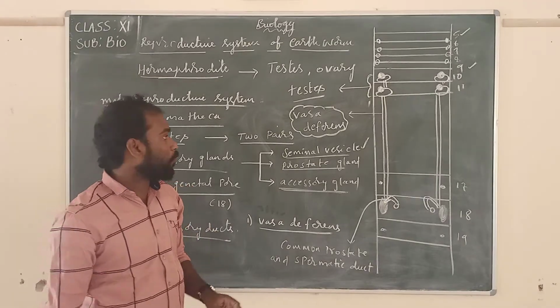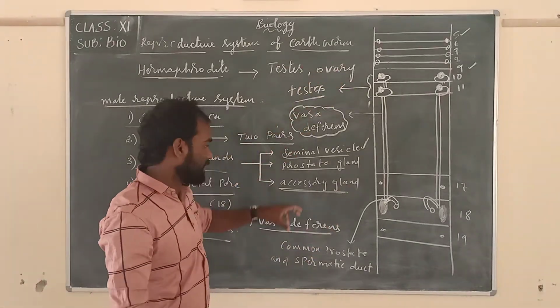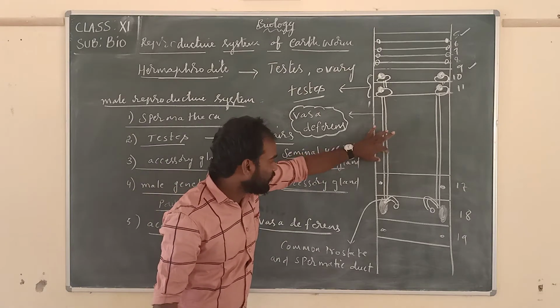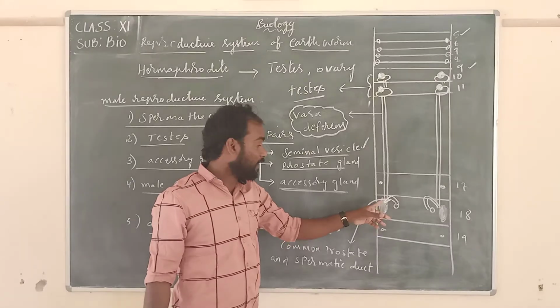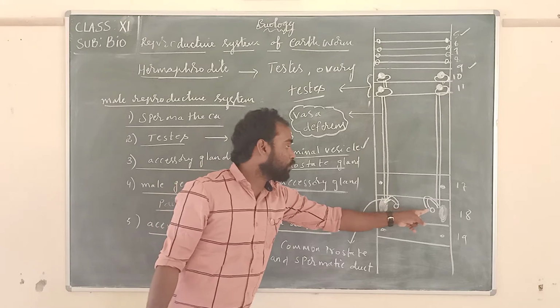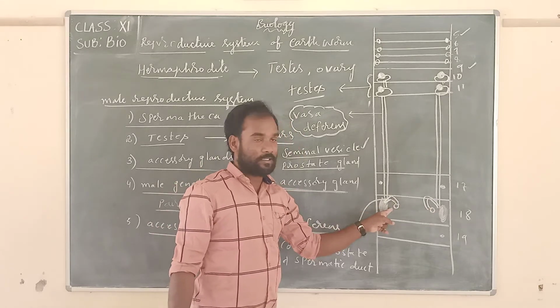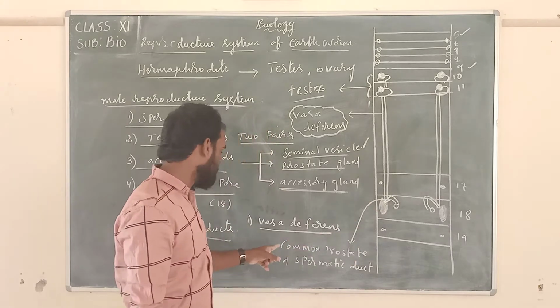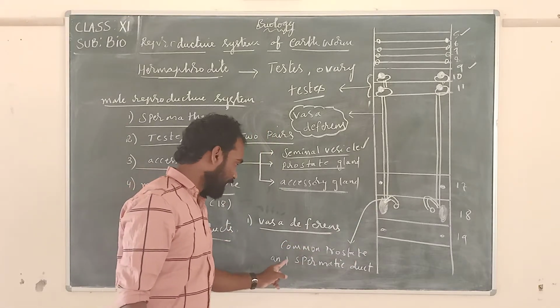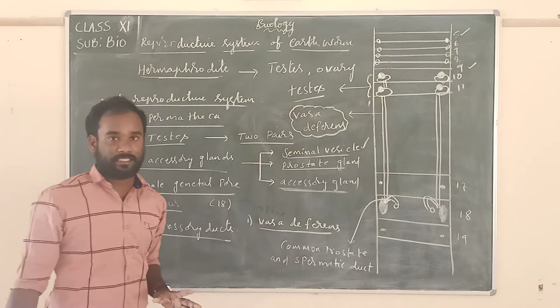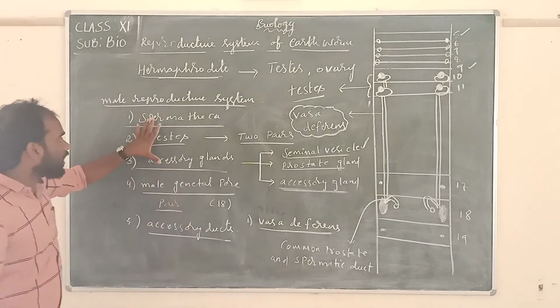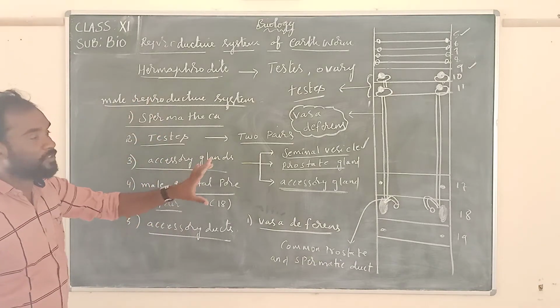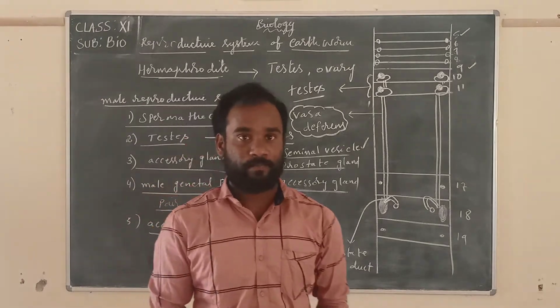Once again I will repeat the point. A common duct arises from vas deferens and prostate gland, and this duct is connected to the male genital pore. This duct is nothing but a common prostate and spermatic duct. So these are various parts of the male reproductive system.